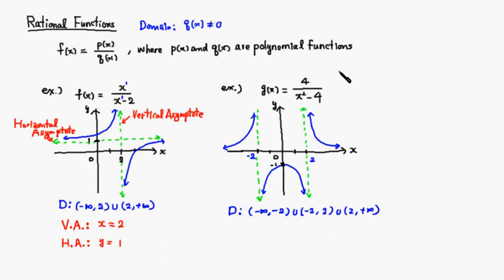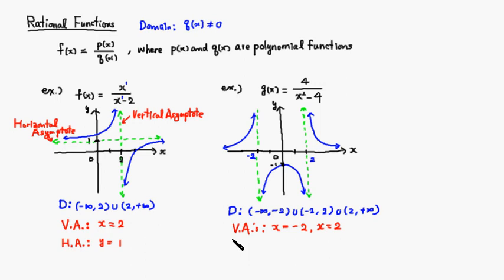Then the vertical asymptote: in this case, from the picture, there are actually two of them. The first one is this vertical line here, x equals negative 2. The second vertical asymptote is x equals positive 2.